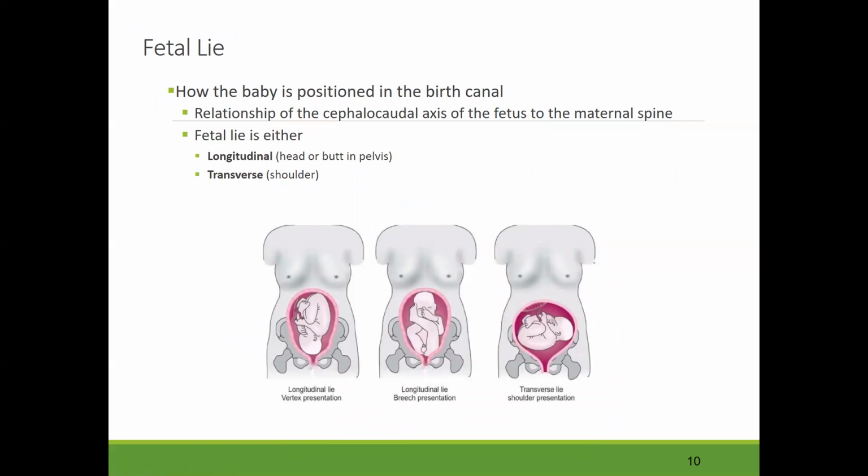All right, so let's talk about fetal lie. So fetal lie is how the baby is positioned in the birth canal. So it's the relationship of the cephalocaudal axis of the fetus to the maternal spine. So what that means is where's baby's spine in relation to mom's spine, or the back of the head, the occiput. Okay. So the fetal lie is either longitudinal, head or butt in the pelvis. So this would be longitudinal, head or butt, or transverse, which would be, we could say shoulder, but it doesn't necessarily have to mean that the shoulder is actually the presenting part down here that we may feel.